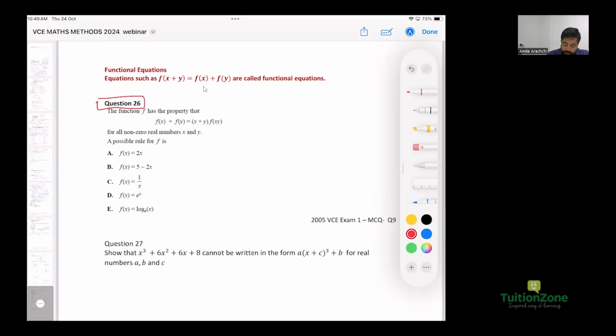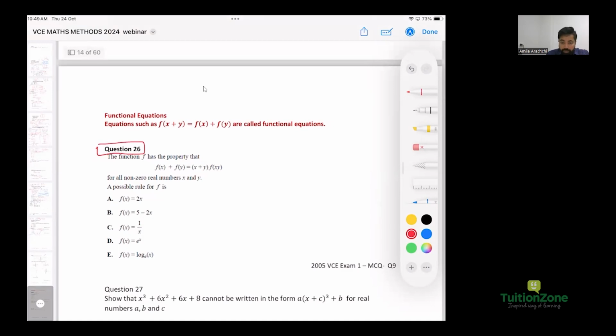So if you want to use the calculator, what's the method for these questions? Imagine your answer is A. Okay, think your answer is A. Then you can define the function on the CAS: f of x is equal to 2x.